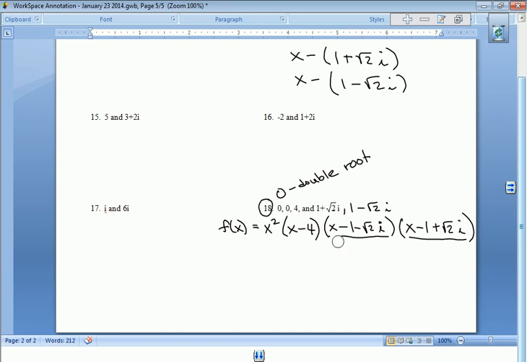All right, and what we'll do is we'll just take it one piece at a time. So the first thing I'm going to do is distribute the x all the way through the second factor.